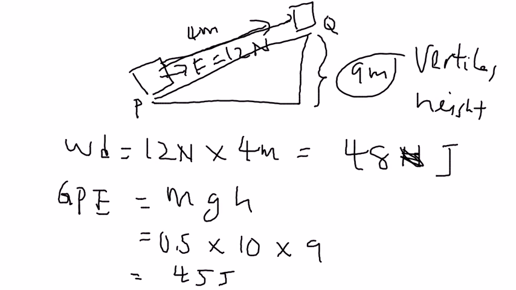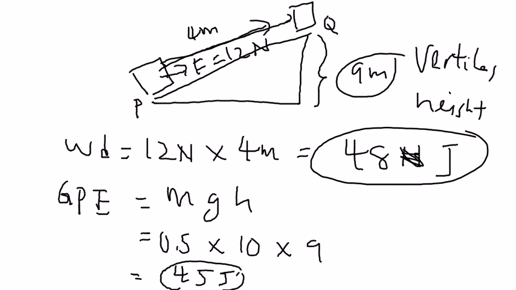Now you see the amount of GPE calculated is 45, but the work done is 48 joules. Theoretically, by right, work done is supposed to be equal to GPE. However, it is not equal because some of the energy is lost.